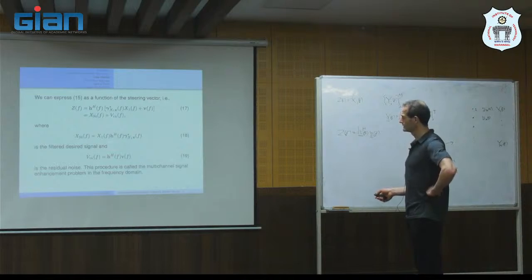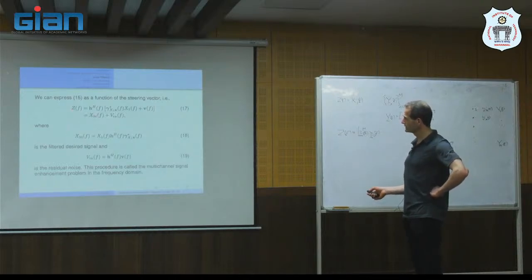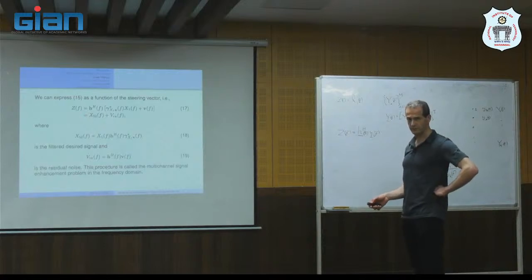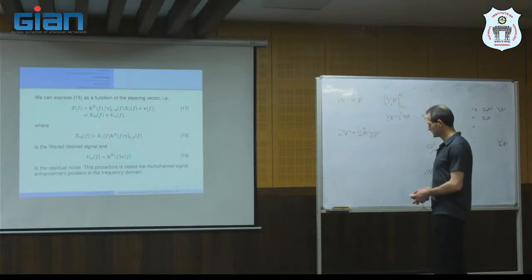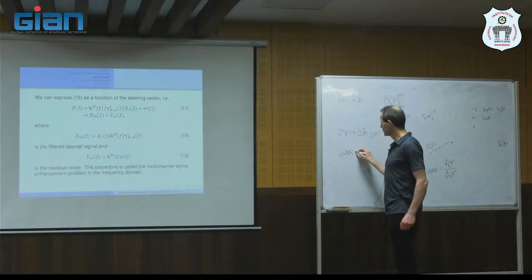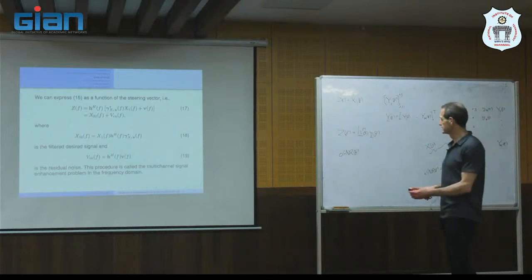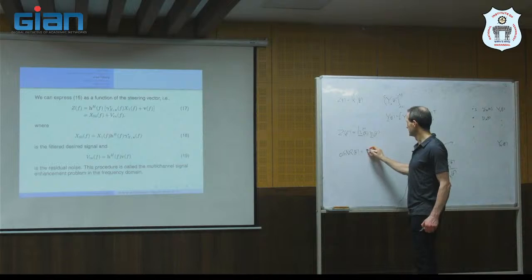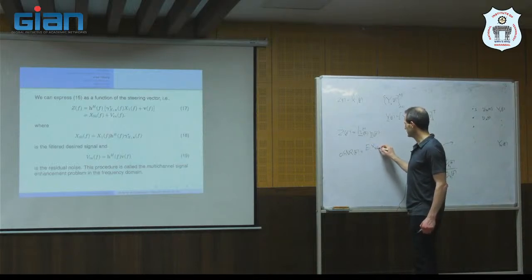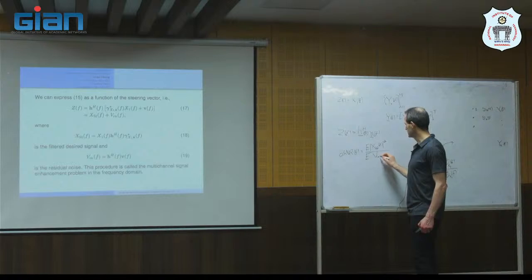So this is the residual noise. If I ask you what the output SNR is, the output SNR is the variance of the filtered desired signal divided by the variance of the residual noise. So the narrowband output SNR will be the variance of the filtered desired signal divided by the variance of the residual noise.